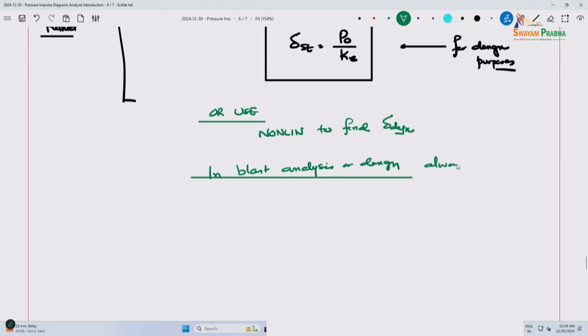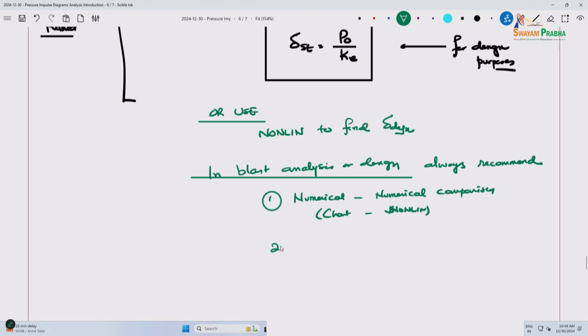I don't think you'll find this in any book or anything like that. My personal recommendation is to always do either a numerical to numerical comparison, such as the chart to nonlinear, or this is one example, or do a numerical to analytical comparison, which is the equations comparison.